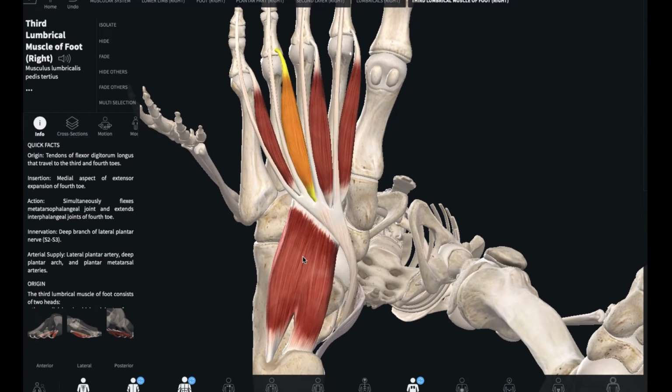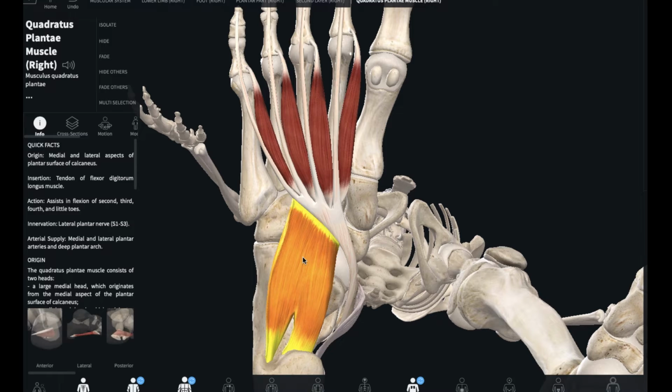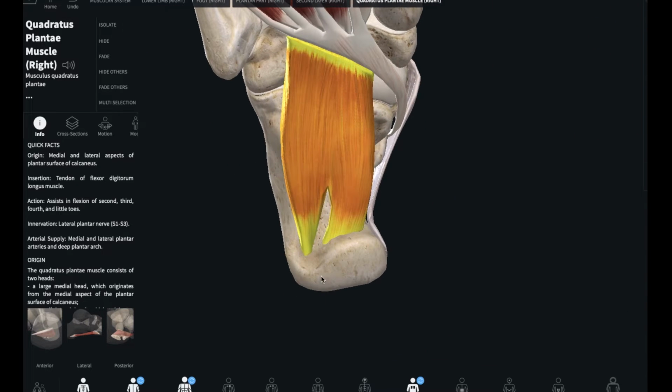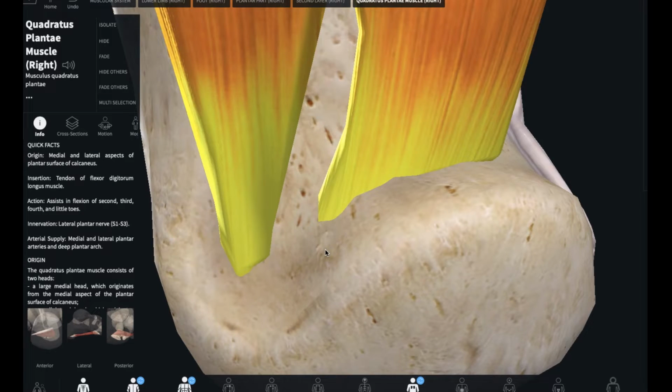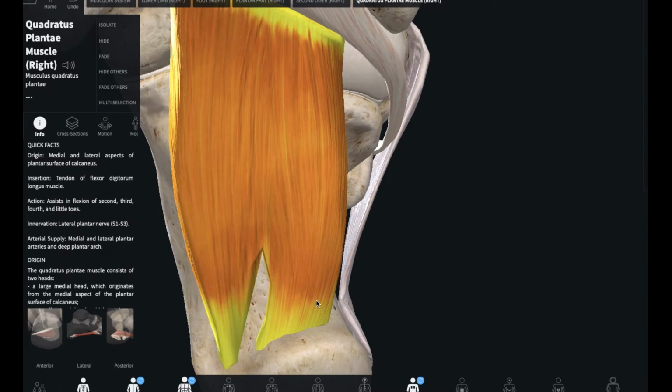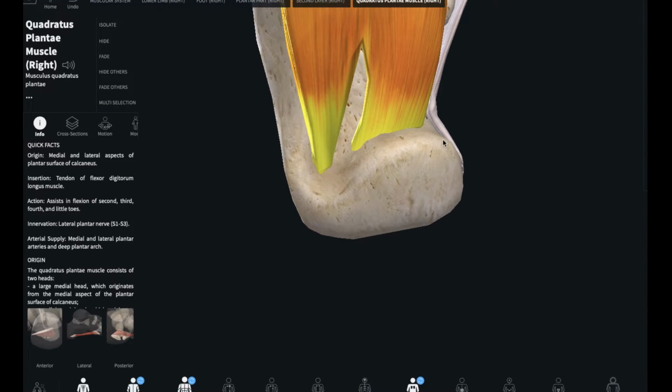Okay, now we're going to do the quadratus plantae muscle. It originates on two spots, the medial and the lateral aspects of the plantar surface of the calcaneus. So it doesn't seem to be on the tuberosity. Tuberosity is right here, so just underneath. I guess that's the name for it.